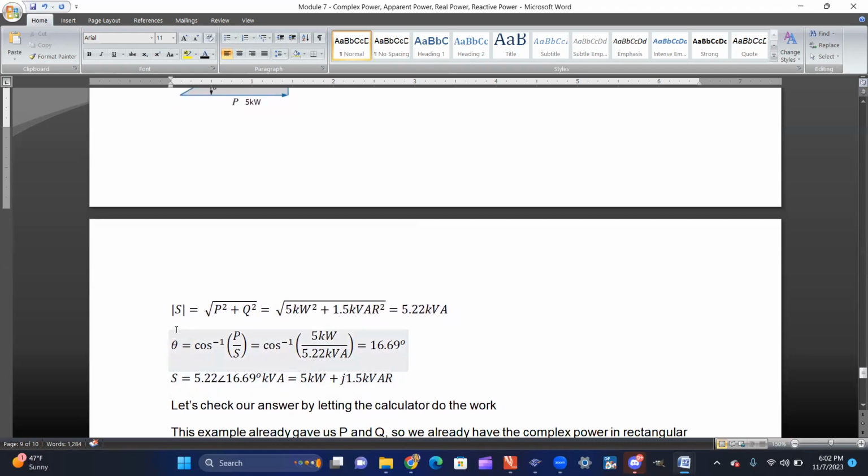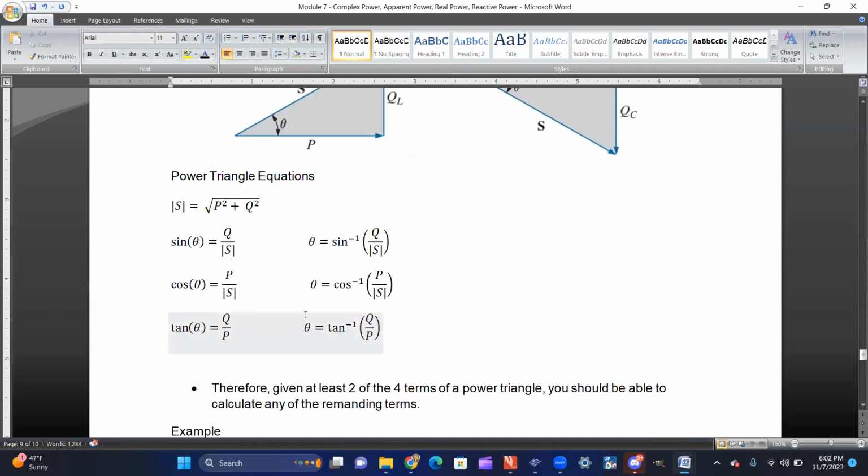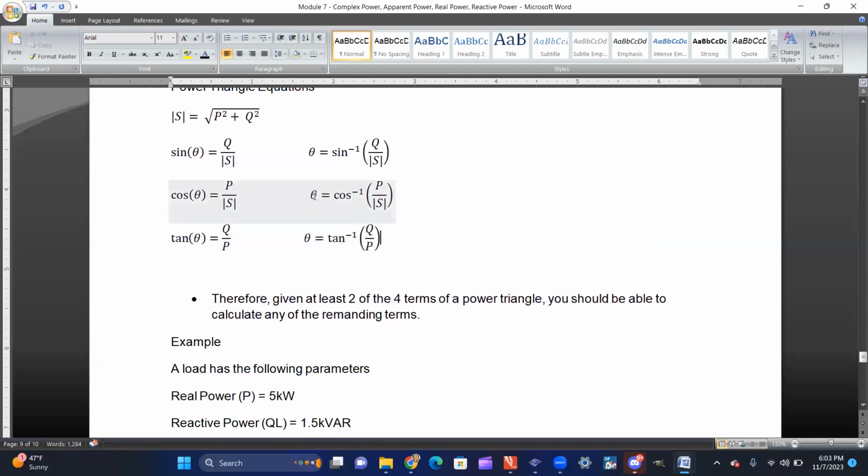So we can use Pythagorean theorem to find our apparent power. We can also come up here and use one of these equations. So this one right here is a pretty popular one. The inverse cosine, or the arc cosine of your average power divided by your apparent power will give you your angle.